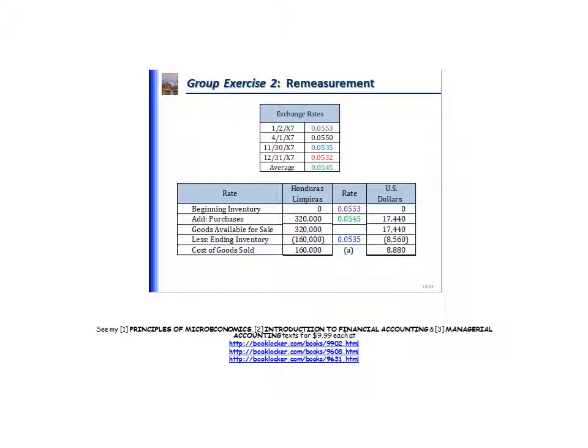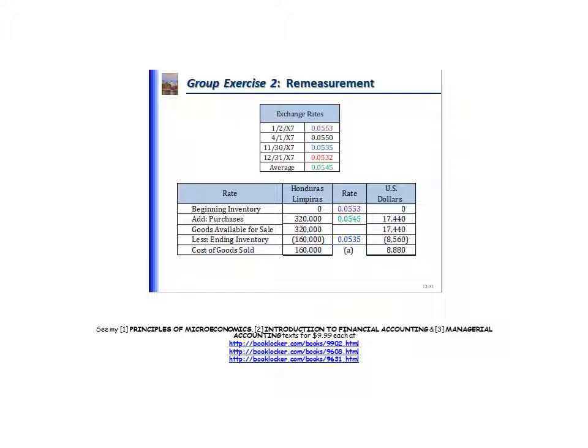So the exchange rates are reproduced above, and they're color-coded. Beginning inventory was 0, of course. Notice that they're using the exchange rate on the event date of the inception of the corporation, January 2. Purchases during the period, they're using the average rate. Period of time, use the average rate.